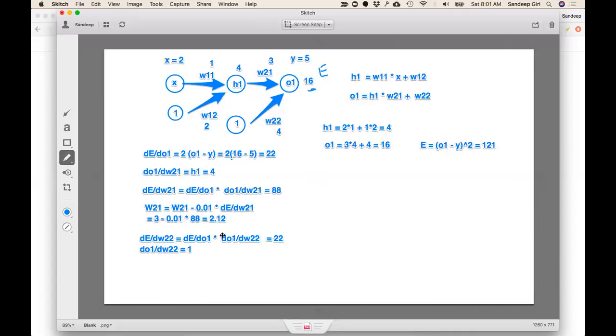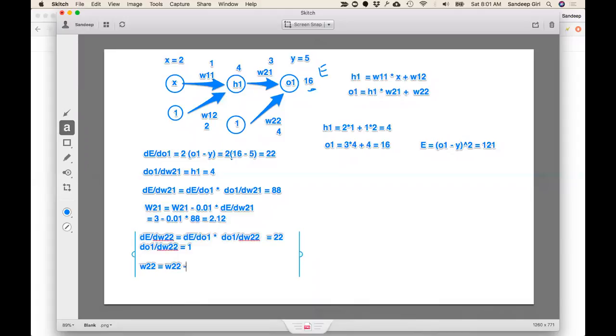All right, so it's actually interesting to look at differential calculus again, and move ahead. So great, we have now computed the rate of change for W21 as well as W22, right? Now the new value of W22 is going to be, anybody?